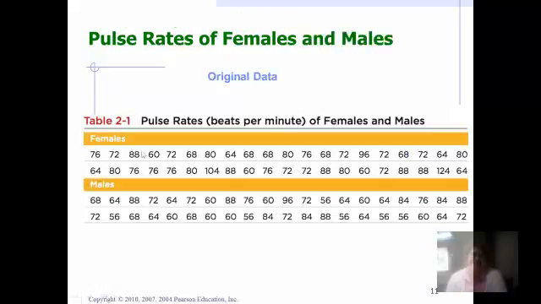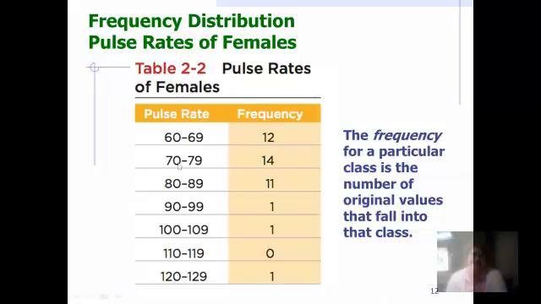If you look at this, the lowest score was 60, and the highest score looks like it's going to be 124. So we want to divide out our scores from 60 to 124, and we divided it into classes.